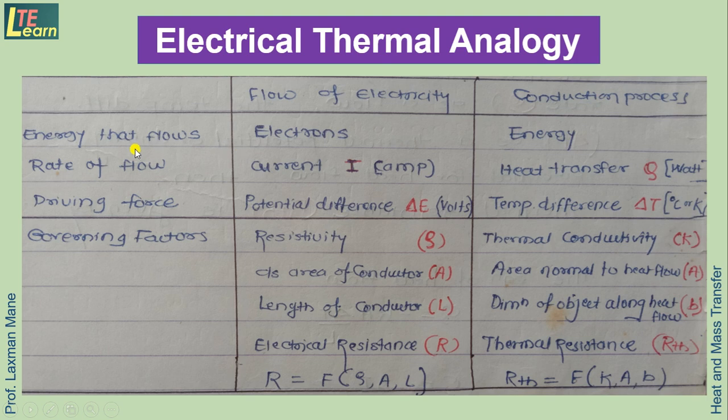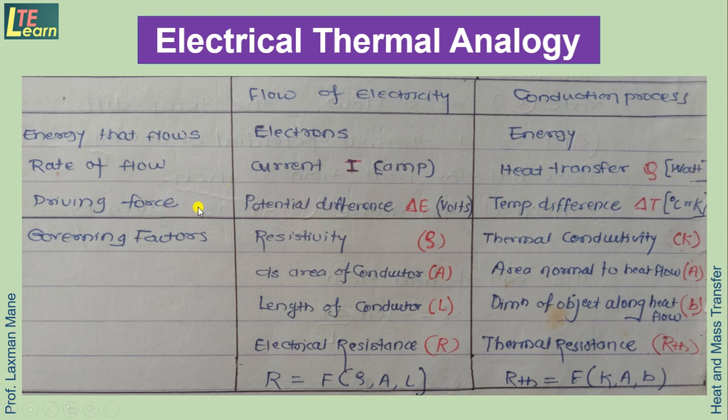Here we see the energy that flows in electrical is electrons and in thermal is energy. Rate of flow in electrical is current, I. In thermal it is considered as heat transfer, that is Q, the heat transfer rate in watt.